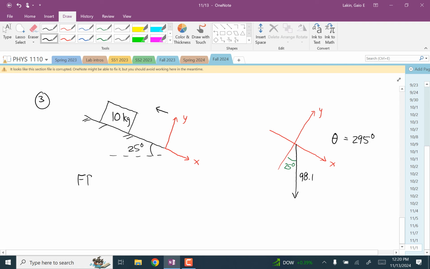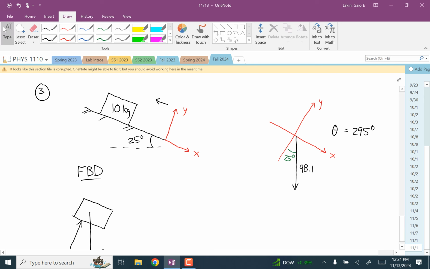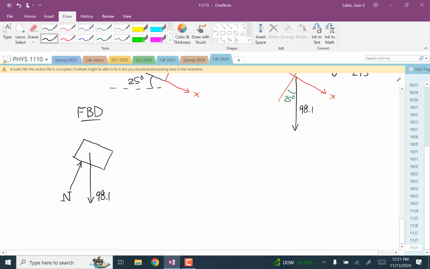So here's a free body diagram. So this weight force is 98.1. There's a pushing force from the surface. I'll call that N. And then the friction force is opposite the direction of motion. So in this case, it's this way.